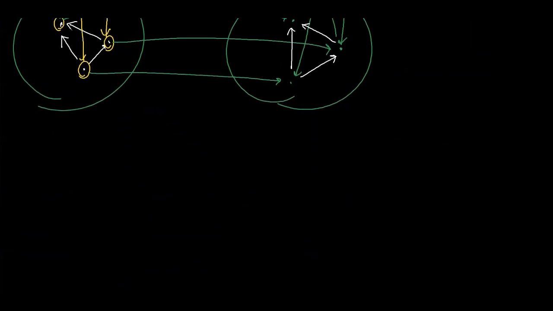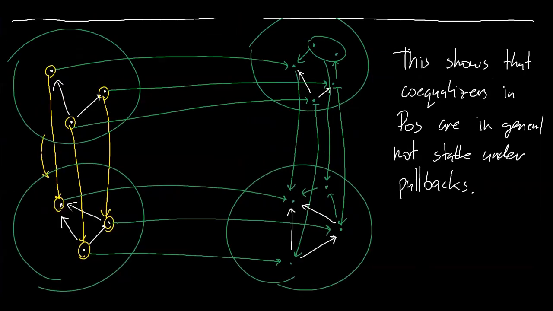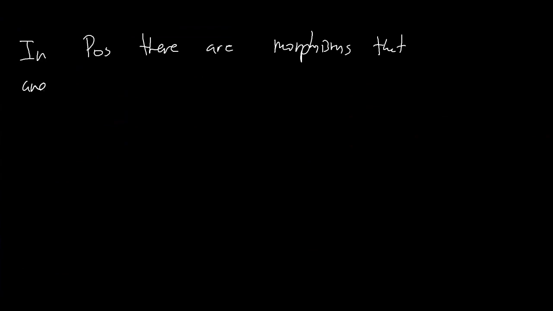So there is another interesting phenomenon that comes from the same example that Carlyle is observing: in the category of posets, there are morphisms that are both epi and mono, yet they're not isomorphisms.